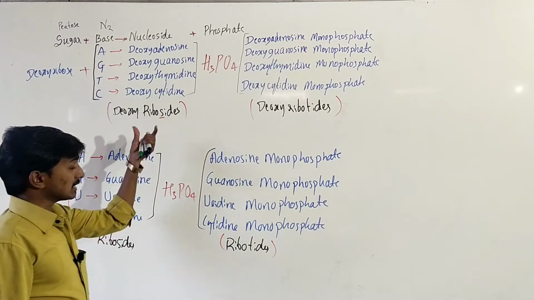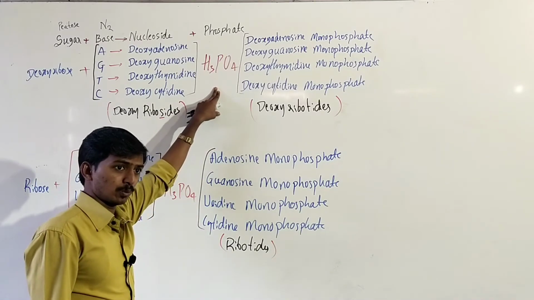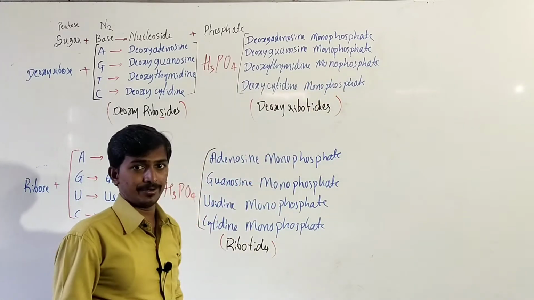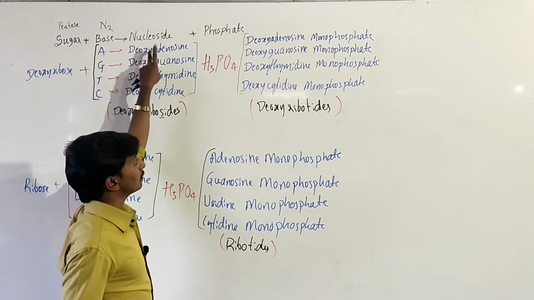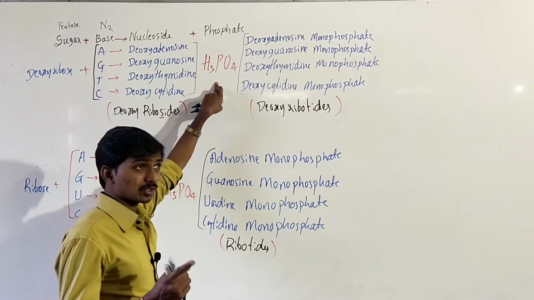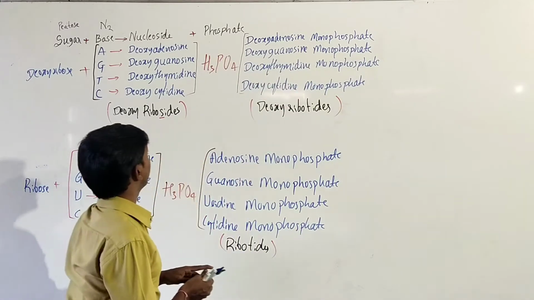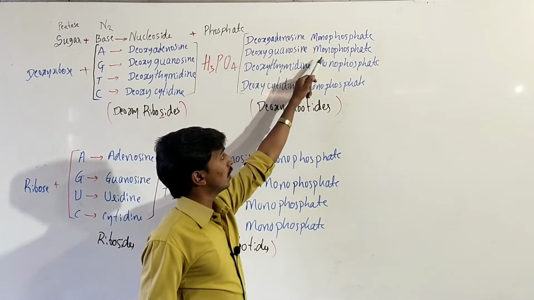And when a phosphate group binds to these nucleosides, we add the word monophosphate, because one phosphate is added. Deoxyadenosine plus phosphate is called deoxyadenosine monophosphate. Deoxyguanosine plus phosphate, deoxyguanosine monophosphate.